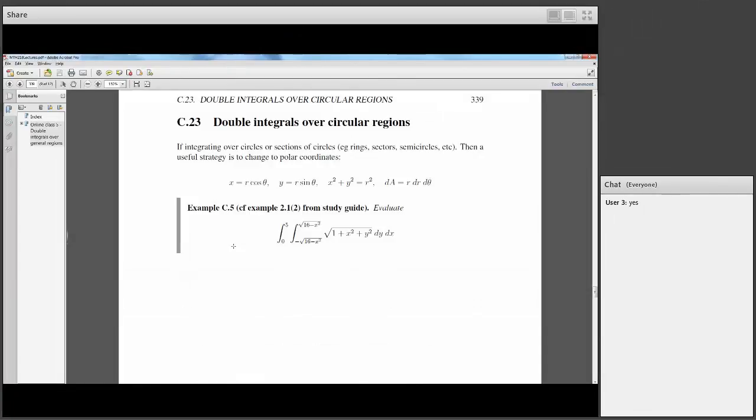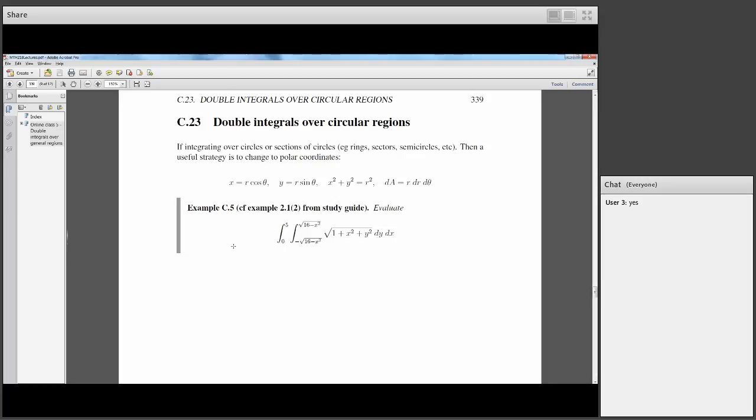The last of the standard types is bits of circles. So the three standard types are type 1 and type 2 regions, and rectangles are special cases of both of those, technically. The next special type are bits of circles, essentially.